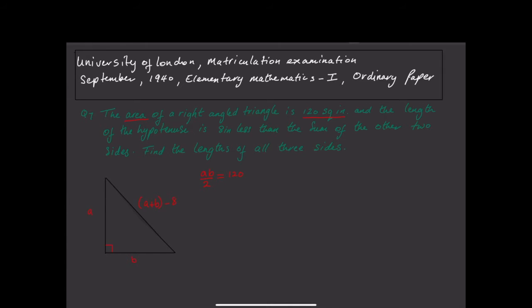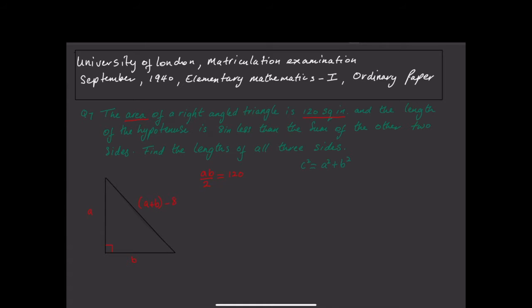Okay, so let's have a look at how we approach the question. Now we know the theorem for finding the missing lengths of a right angle triangle, and it states that c squared is equal to the sum of the square of the two shorter sides.